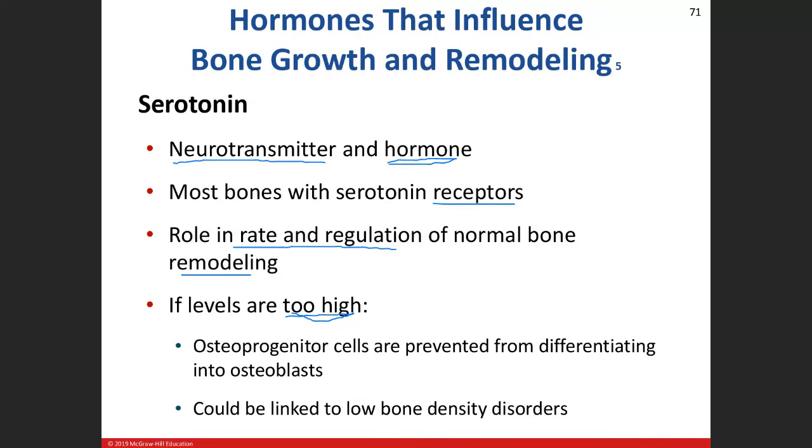Osteoclasts. Remember, when we're dealing with bone remodeling, we're building bone, but we're also tearing down bone, okay? So if the osteoblasts are inhibited and they can't make the bone matrix, and the osteoclasts continue on without being inhibited by anything, then we're going to see these patients have low bone density because the osteoclasts are resorbing everything.